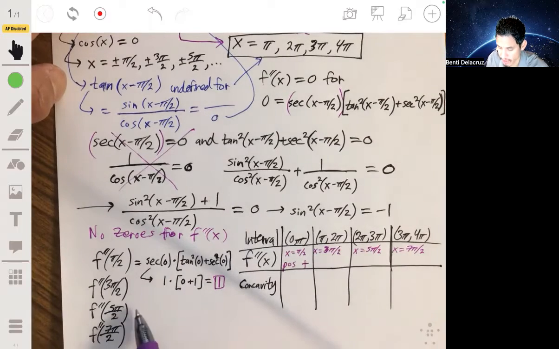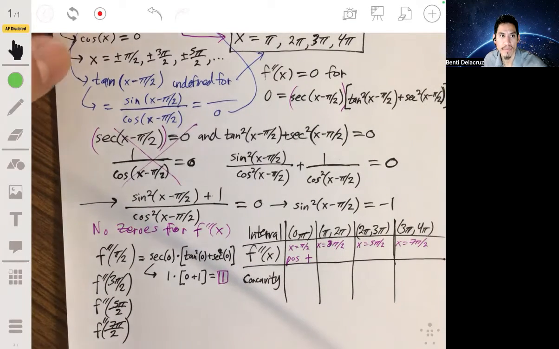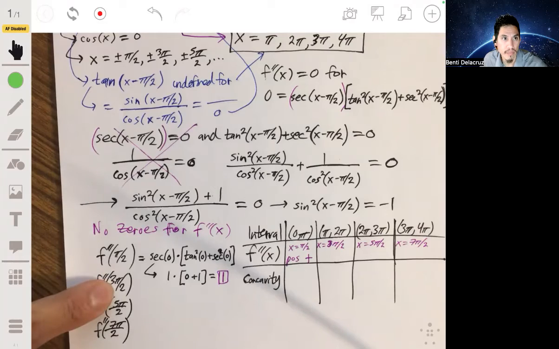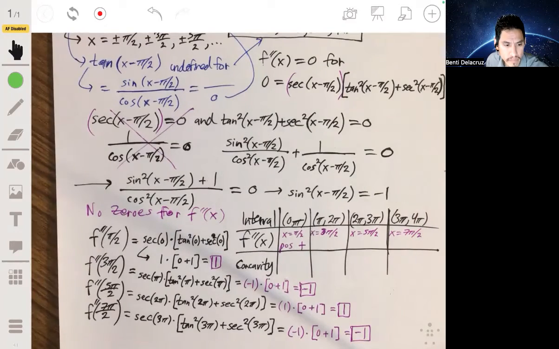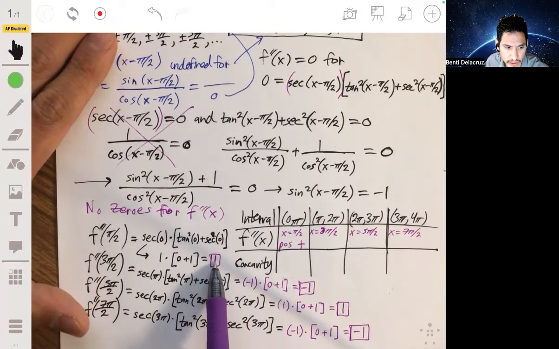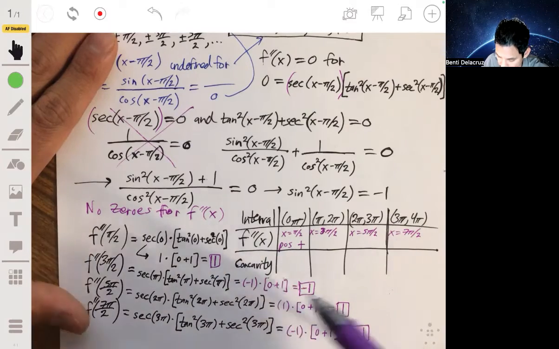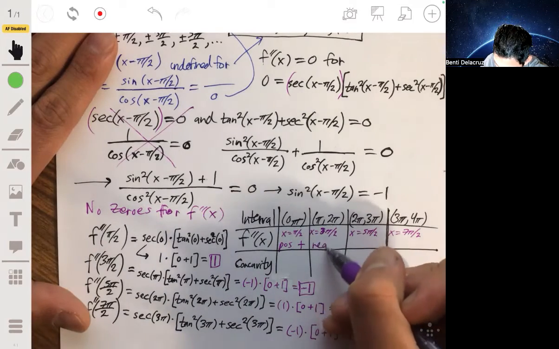I'm going to power through these last 3 because that's not important. I'll show the work, but let me just save some time here. All right, so here's my scratch work. I found that in the first interval we get a positive, which I went over. The next one I got negative because I got -1.